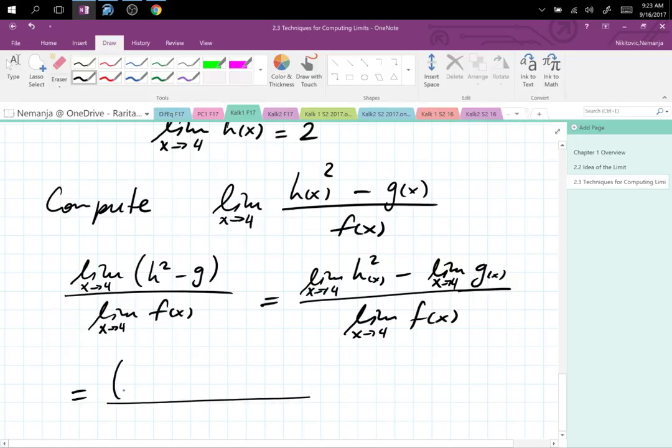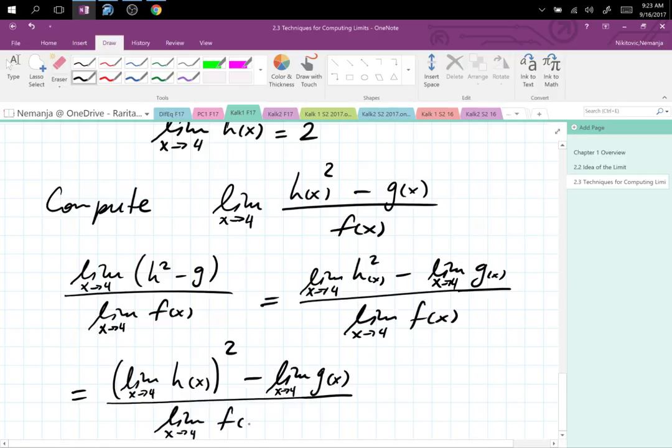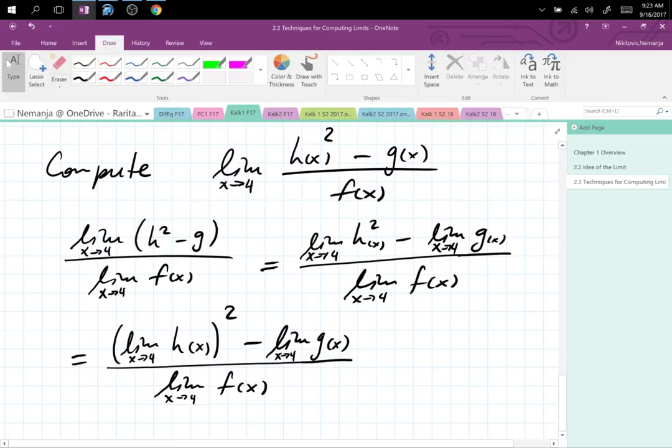So when you employ the limit laws that we just wrote down, this is what we get. Now we have this block over here. This block is 2, right?